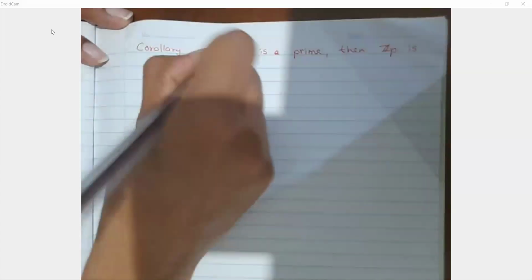As a consequence, we have the following corollary. If p is a prime, then Zp is a field. Now it's actually immediate from this theorem. Why is that? Zp has no zero divisors when p is a prime, right?